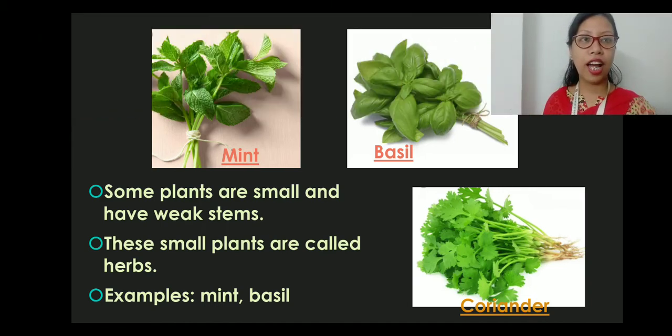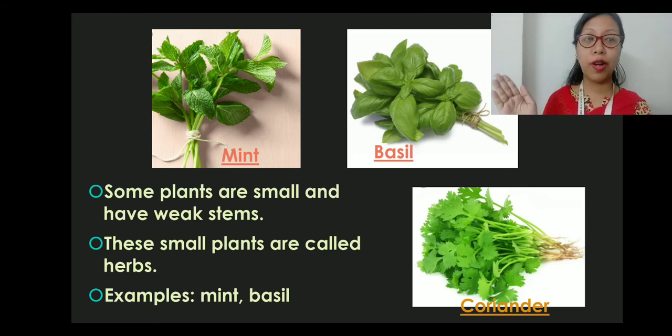Then we have some more small plants, and just remember it. The shrubs were also small plants, but they had woody stems. But now here we are talking about the small plants which have very weak stems. Weak means they are very soft.